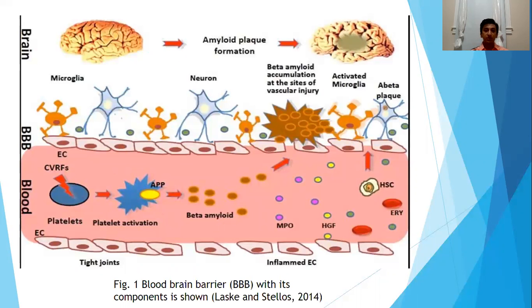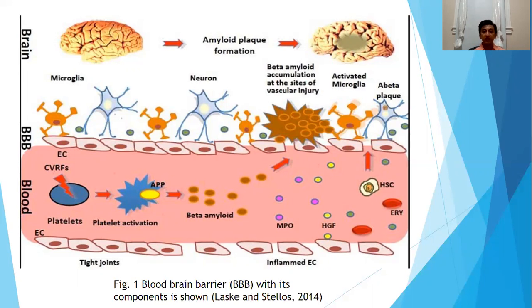As you can see in this picture, the blood-brain barrier is shown with all of its components. The endothelial cells line the tight junction and provide selective transport of blood and biomolecules into the brain. There are also cerebrovascular risk factors, also known as CVRFs, which induce platelet activation, resulting in increased vascular inflammation and increased endothelial cell permeability.